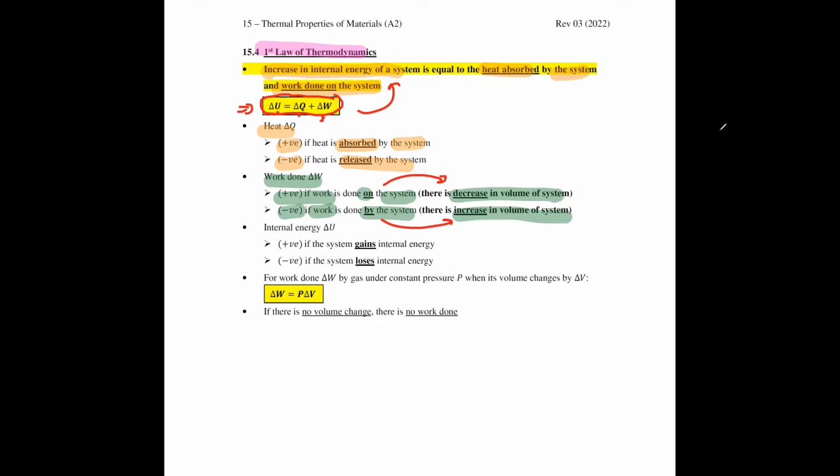Okay, I can give you an example. Let's just say I give you a balloon, right? Now, this balloon is filled with air right now. Okay, so if you compress it, that means you need to apply a force. This one will say work is done on system.